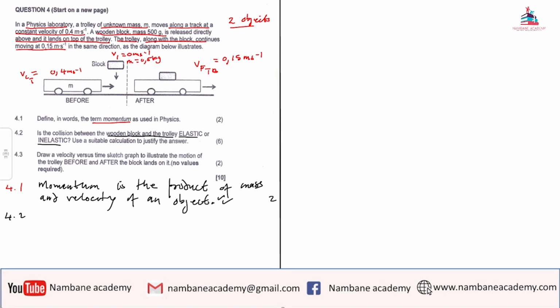However, we have a problem here. We have a trolley with an unknown mass, because, let me quickly write it here. The sum of EK before will be half m of the trolley v squared of the trolley initial plus half mv squared of the block v squared initial of the block.